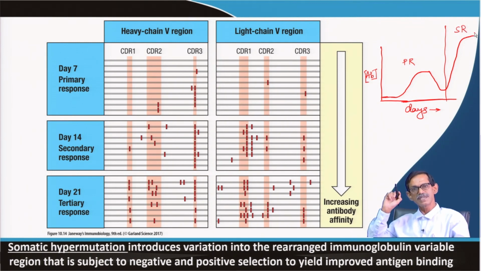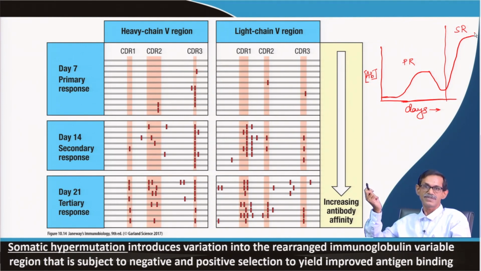There are a few differences between the primary and secondary immune response that I mentioned, or you already know by now. What are those? One, less time is needed to react in the secondary response. Two, more antibody is produced in the secondary response in comparison to the primary. And third, it is more specific, so specificity increases in the secondary response.